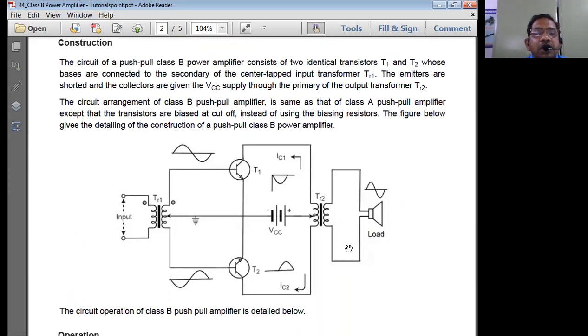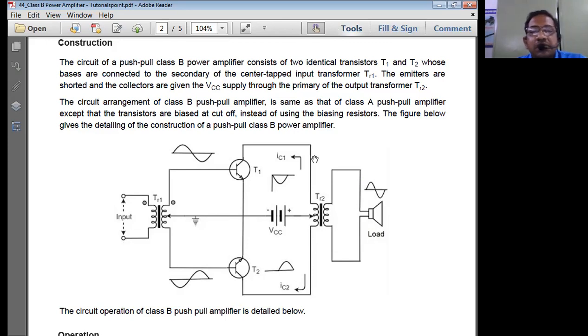Now, in order to transmit the complete full cycle of the input signal, we are going to use the push-pull configuration. Push-pull means we have to use 2 transistor circuits, both of them CE amplifiers. Now I'm using 2 NPN transistors, both CE amplifiers, where both the emitters are connected to each other, and this is simply connected in the circuit diagram.